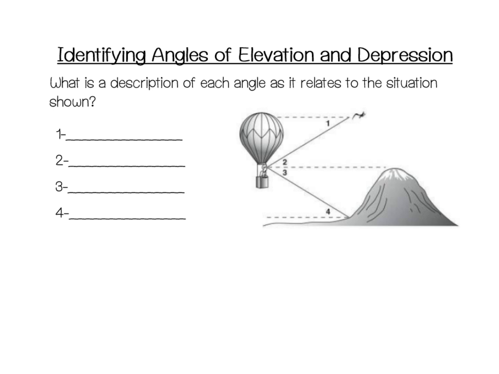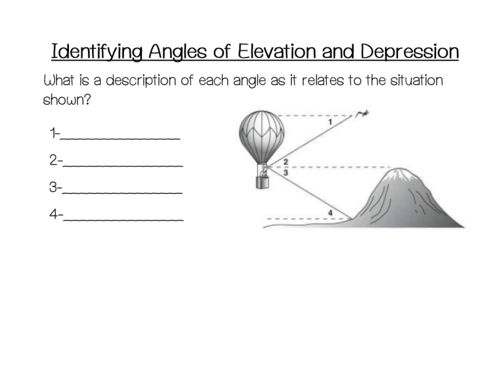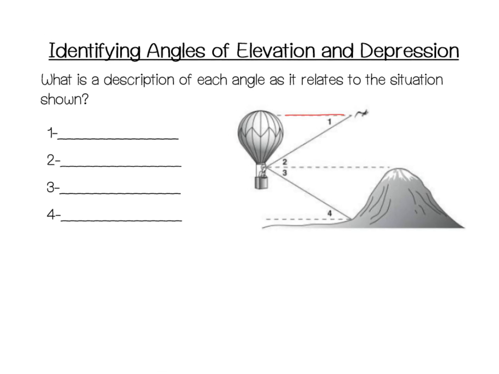Before we do that, I just want to take a quick second. We're going to identify each of the 4 angles here as either an angle of elevation or an angle of depression. Number 1, here's our horizon, and the bird's up in the air, so it's looking down. This is going to be an angle of depression.